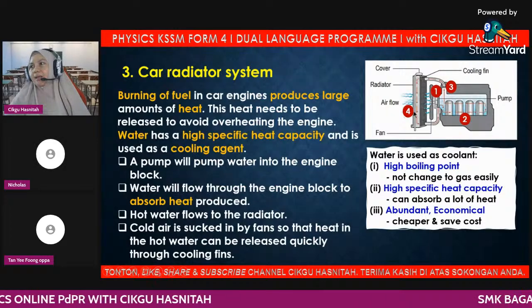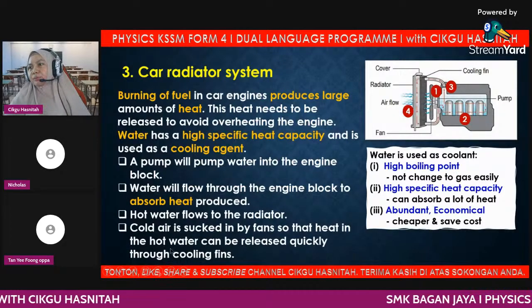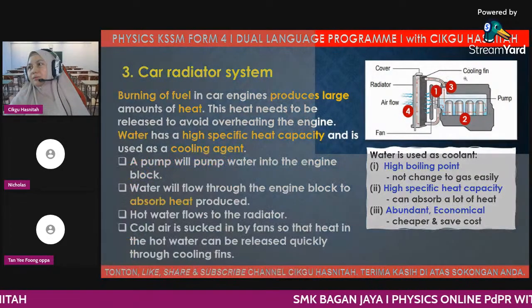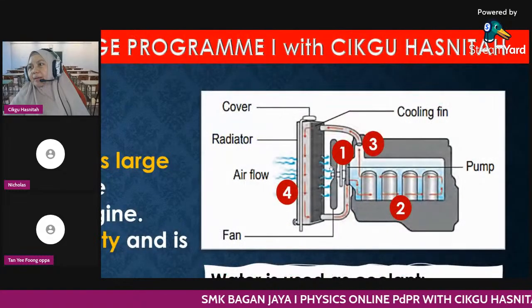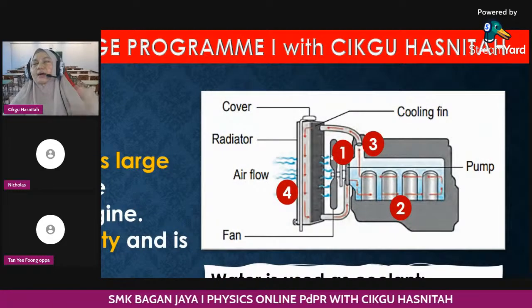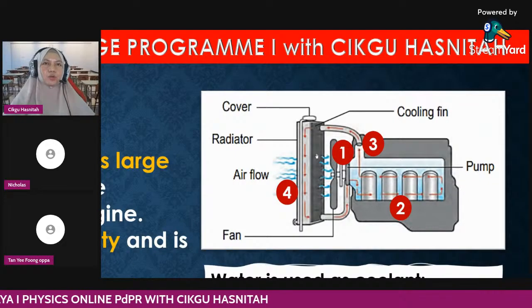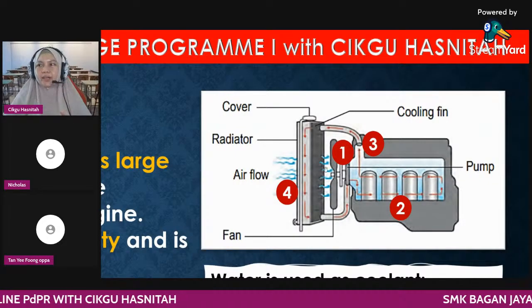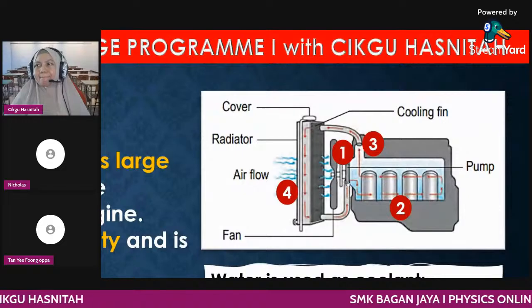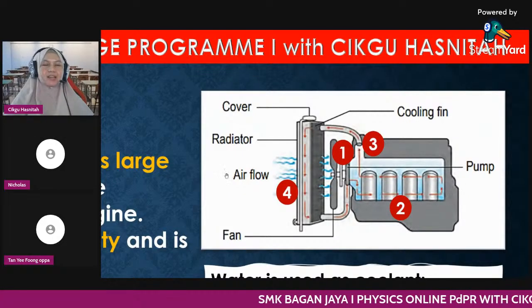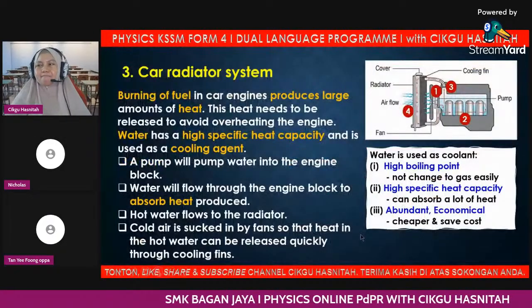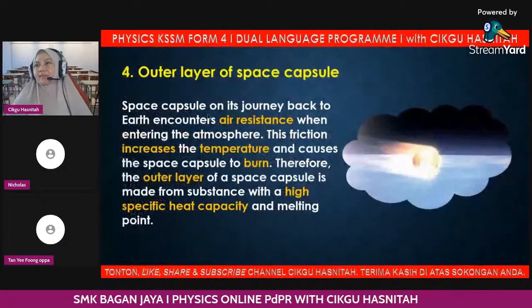Okay, I zoom it for you. See the cooling fan here. So it absorbs air from the surroundings. So it will cool down the hot water. So it lowers the temperature of the water and sends it back to the pump. And the process begins again and again. Okay, very good question.